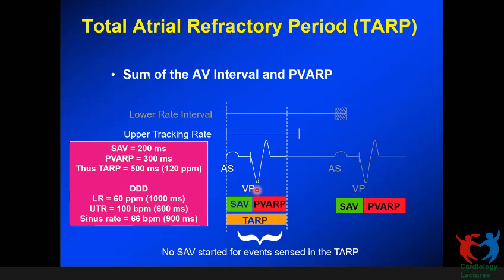So while PVARP is useful for preventing pacemaker-mediated tachycardia, if it is long, then we may have the sinus event itself falling inside this, which will not be tracked, which is not desirable. And we will see how it is overcome in the later slides. So that's the PVARP and its relation to the total atrial refractory period.